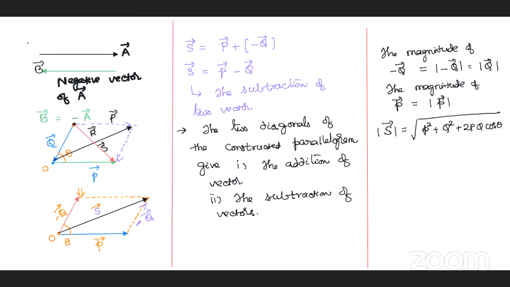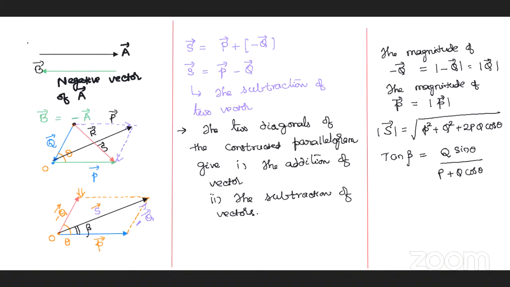No need to derive, already we derived it in the parallelogram law of vectors. Then its direction is with the P bar. Suppose this is alpha. Better we represent with another letter, beta, because there we took alpha. Tan beta is equal to Q sine theta upon P plus Q cos theta.